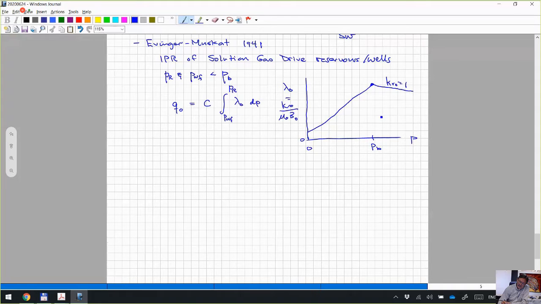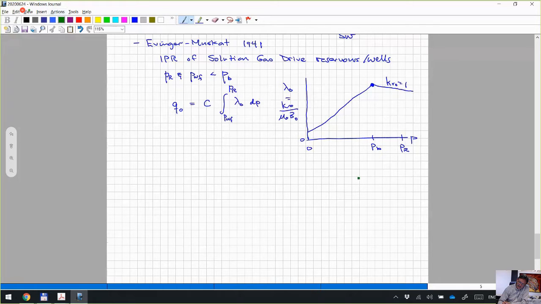And so this would be for a situation for reservoir pressure being greater than the bubble point. When the average reservoir pressure reaches the bubble point, let me draw that as green here.